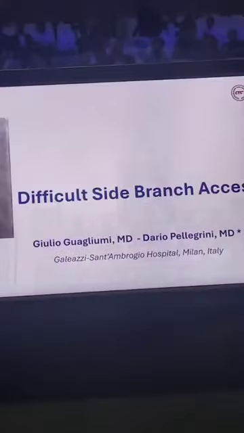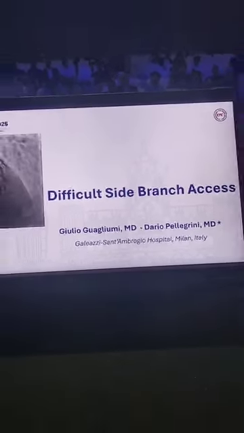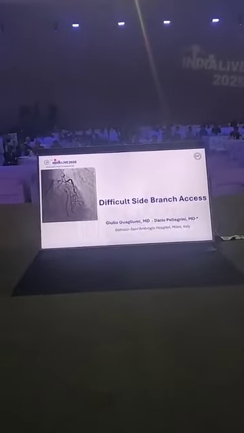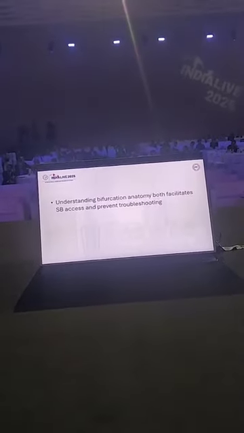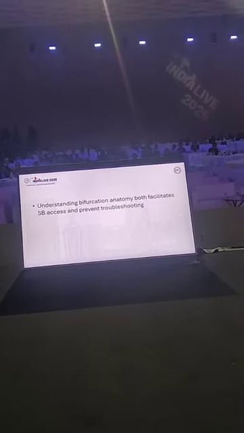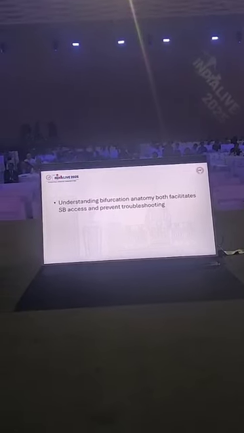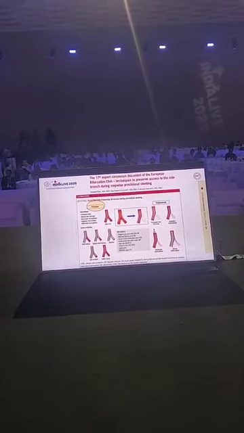First of all, the contribution beautifully from the University of Bombay, government, and education and support. We are talking about the beautiful scientific sense, and the first point is understanding modification anatomy, which both facilitates scientific sense and prevents troubleshooting.